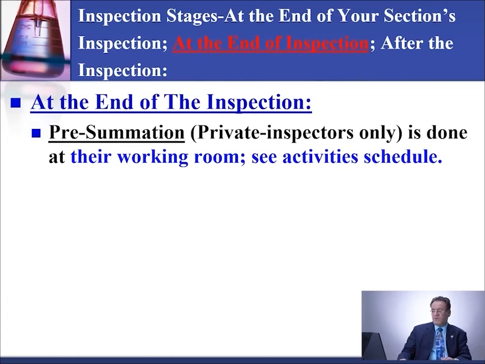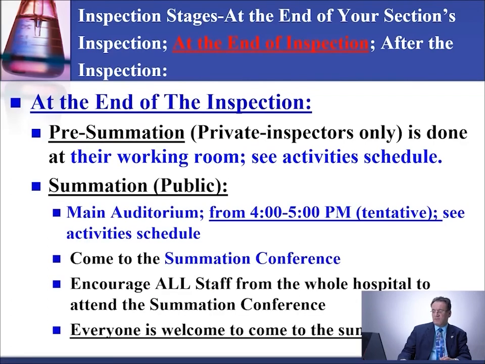At the end of the inspection, there will be a pre-summation, which is private, inspectors only with their team leader. It is done at their working room, and you can see it on the activity schedule, usually around 4:30.